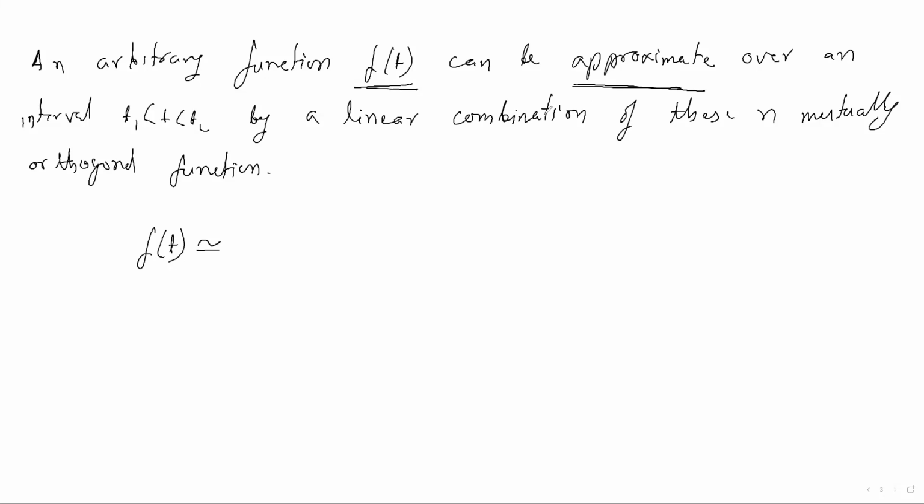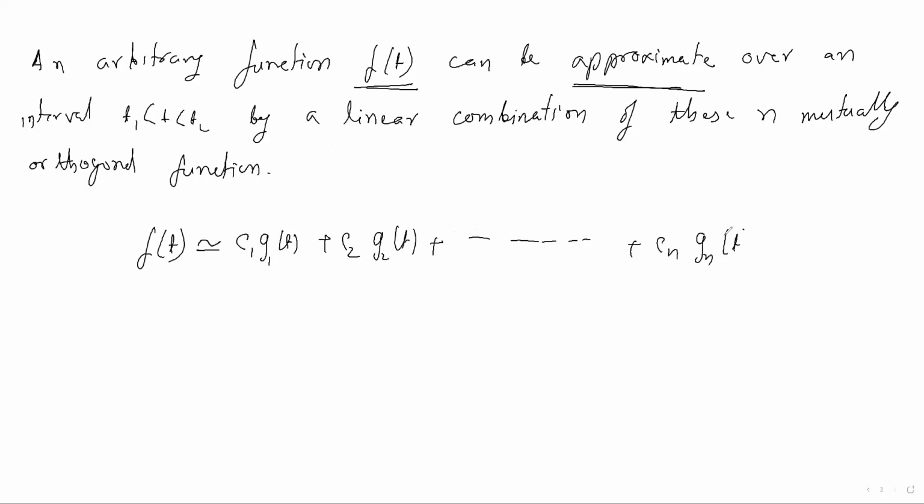Approximated over an interval by a linear combination of mutually orthogonal functions, the equation will be c1 g1(t) plus c2 g2(t) plus up to cn gn(t).